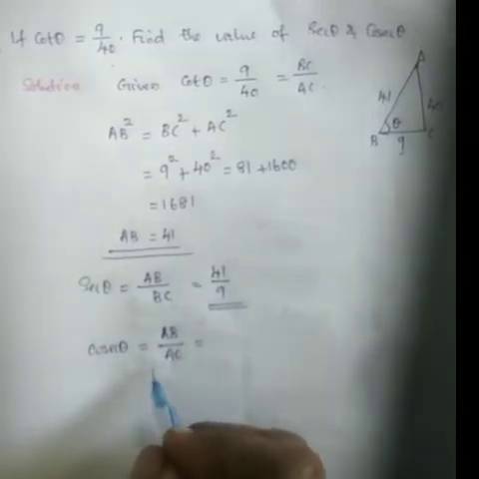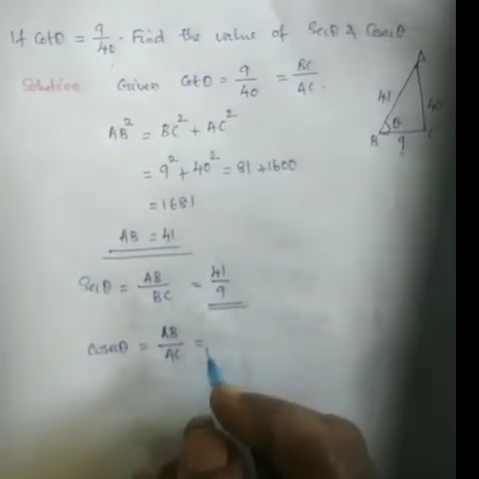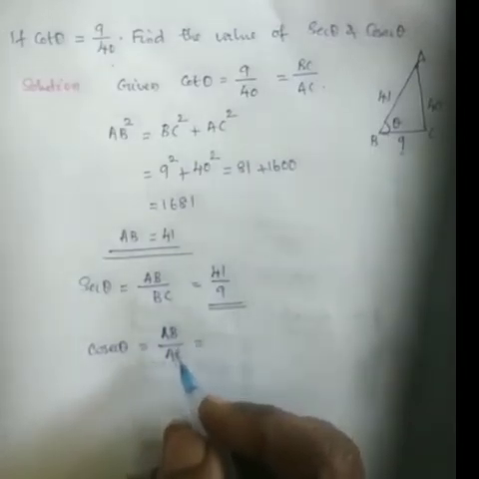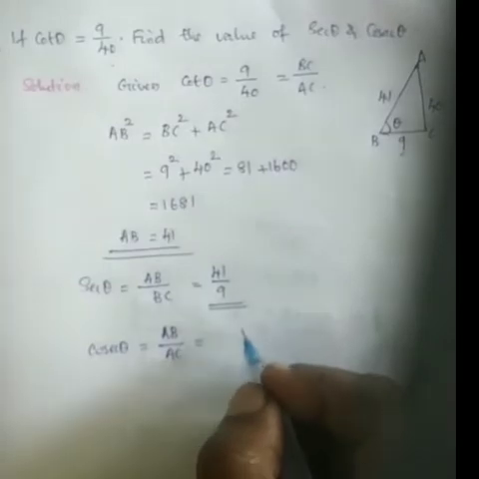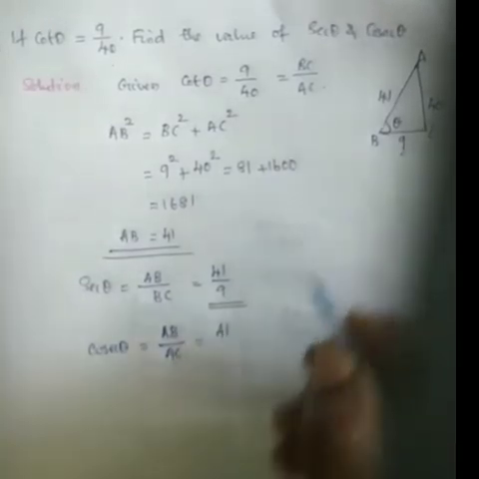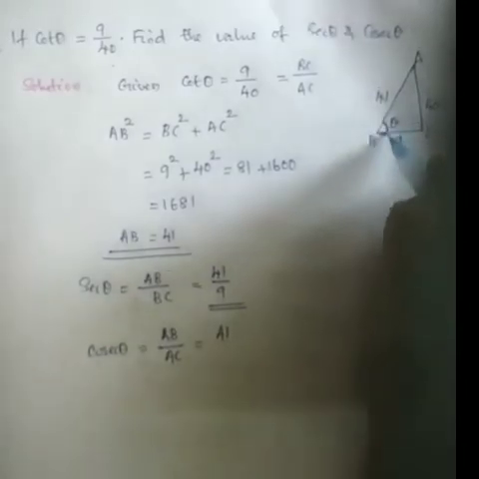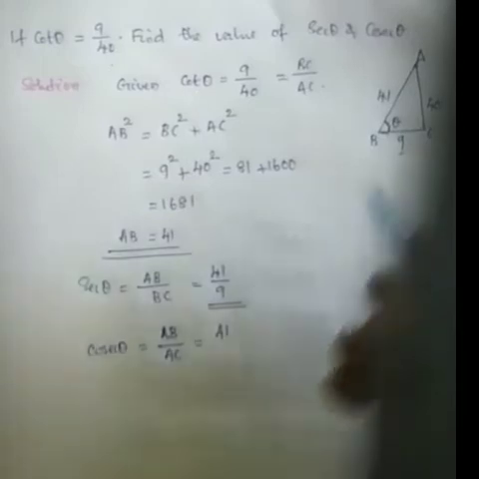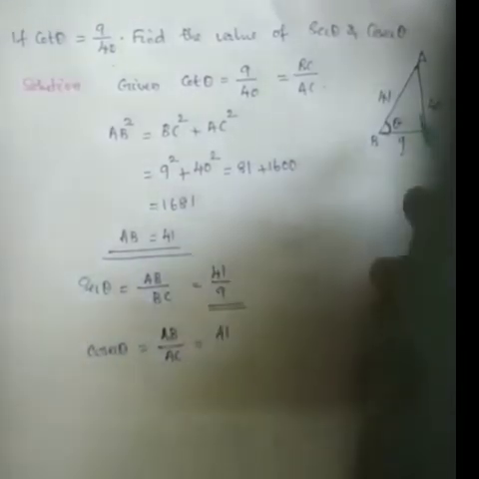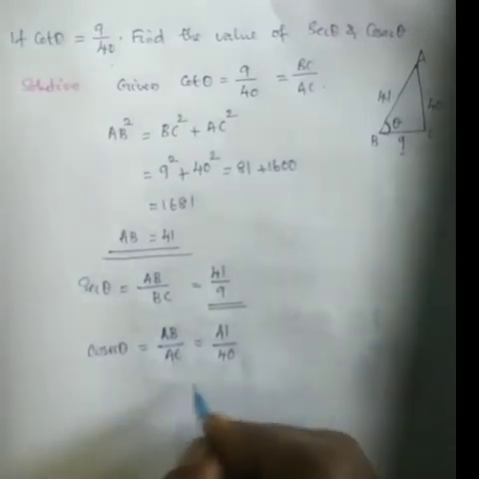So cosec theta is hypotenuse divided by opposite side, so it is AB by AC. AB is 41 and AC is 40. Therefore cosec theta is 41 by 40.